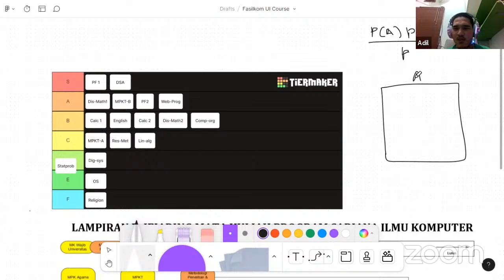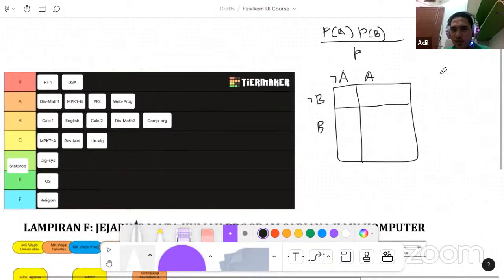This is the probability of event A, and this is the probability of event B. This will be the negation of B. And if you want the probability of A and B both happening, then you calculate this one.